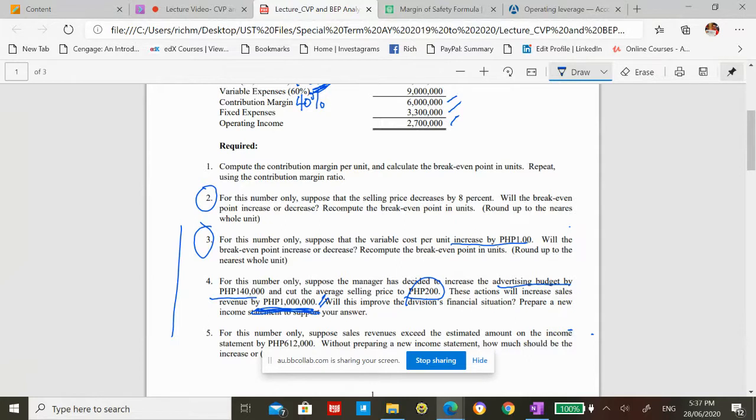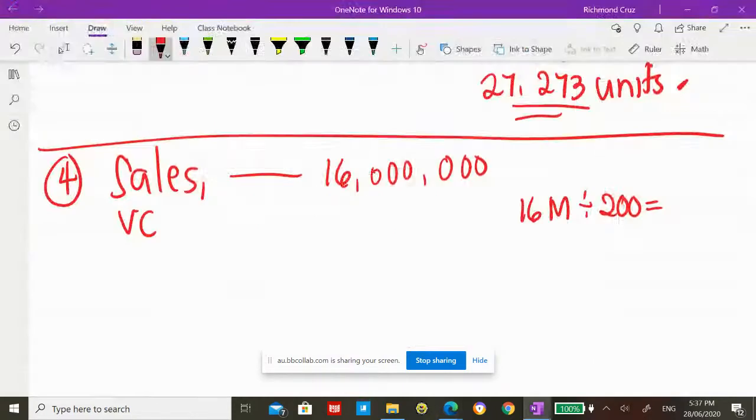Although nagbago din yung number of units, kaso tumaas yung sales natin ng 1 million. So that will be 16 million, i-divide ko ng 200 para ma-compute ko yung unit sales. So meaning, ang nabenta natin is 80,000.